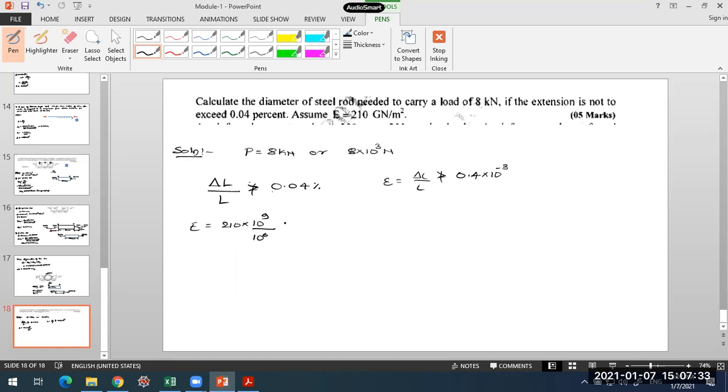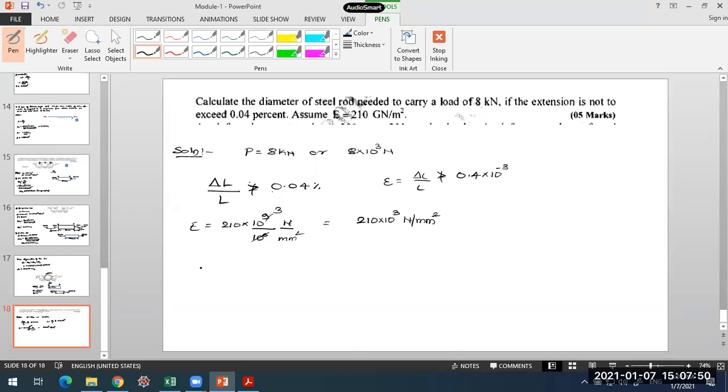So this is Newton and this will be in mm square. So this is 210 into 10 raised to 3 Newton per mm square here.